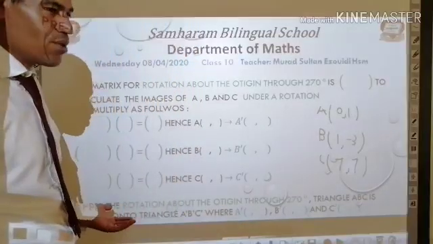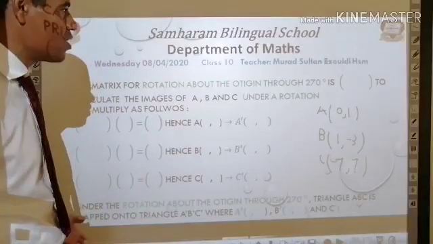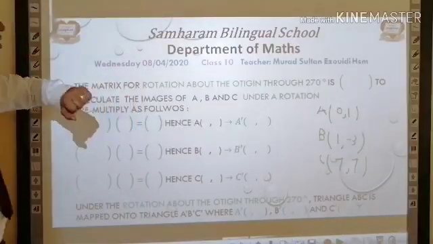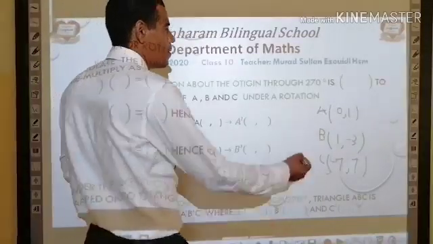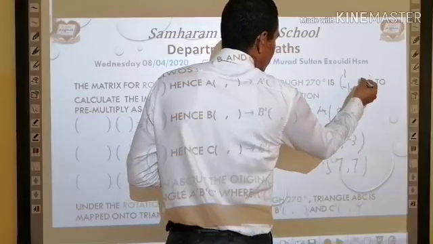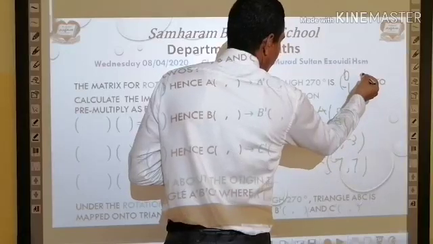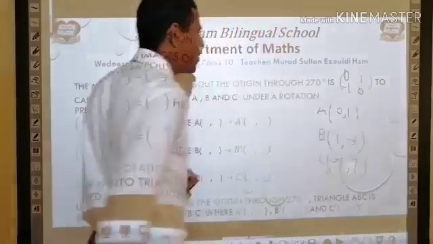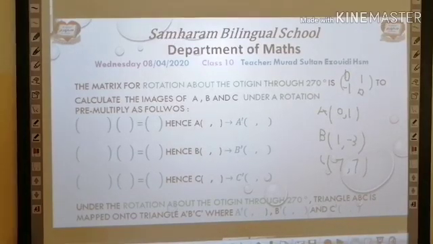So first of all, I should write the matrix for this rotation. The matrix for rotation about the origin through 270 degrees, as we said, is 0, negative 1, 1, 0. Okay? This is the matrix that transforms any point in the rotation about the origin through 270 degrees.